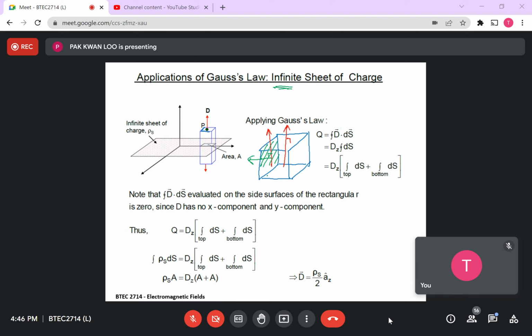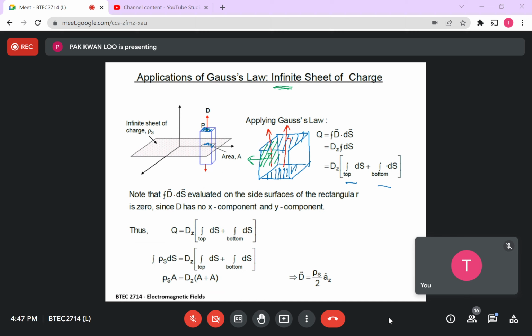Only the top and bottom surfaces are relevant, and the other surfaces contribute zero.